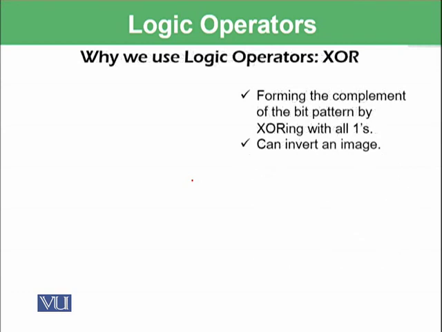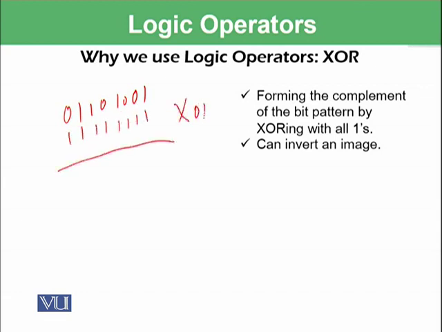And there is a very interesting concept for XOR. XOR can complement a bit pattern straight away. For example, if you have a bit pattern 0 1 1 0 1 0 0 1 and you want to complement it, making zeros 1 and ones 0, you can simply XOR it with 1 1 1 1 1 1 1 1.